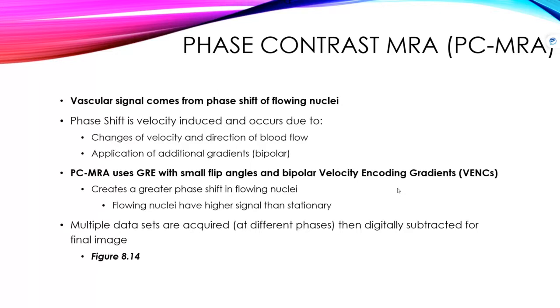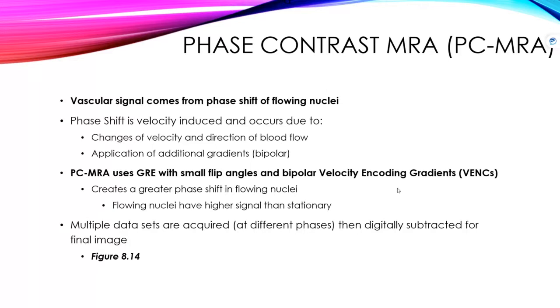So higher and lower is the amount of shift that the gradient is creating, and it's based on its position on the gradient axis. So when the moving spin is in the second lobe, it is receiving the higher end of the gradient. So its phase is shifting more than the stationary spin that is receiving the lower end of the gradient.